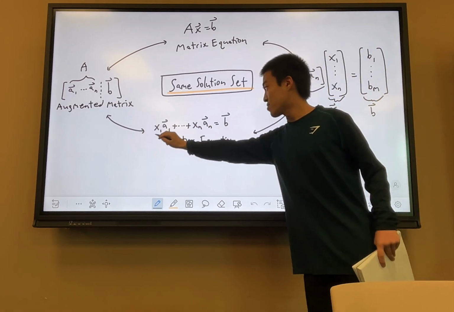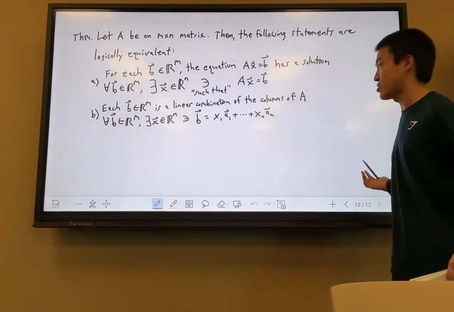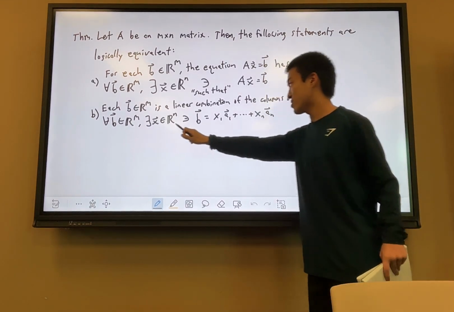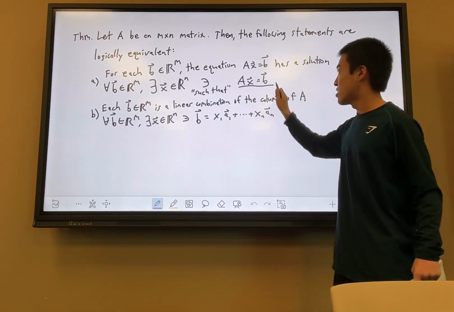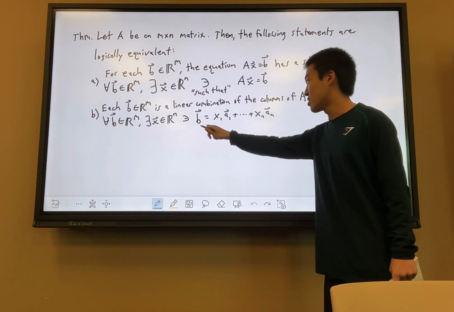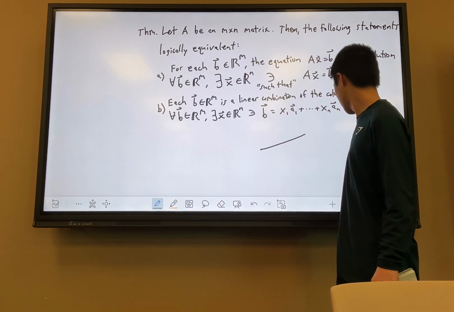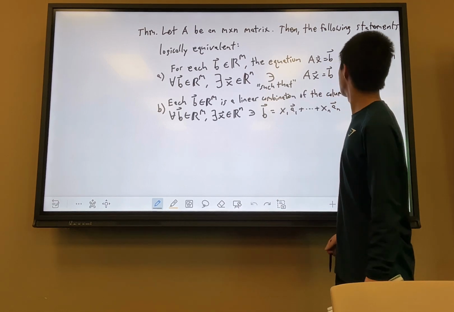And there have to be these weights x1 through xn, so that I have essentially a solution. So this x is still going to exist, and instead of writing it from the Ax equals b perspective, I can write that as the, whoopsie. How do I move it back?